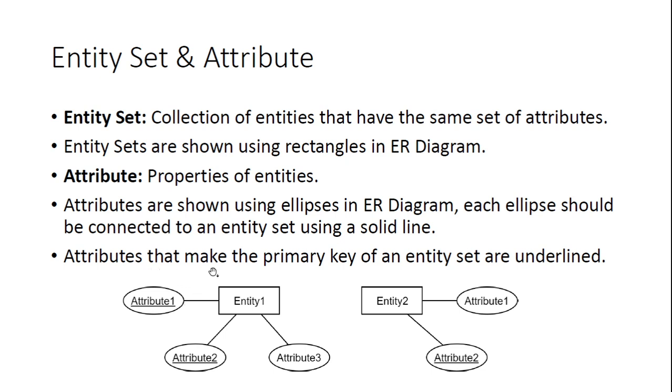And some attributes could be the primary key of an entity set. So for example, for entity 2, attribute 2 is the single primary key. And sometimes the primary key could be a composite one, so multiple attributes could contribute to a primary key. In that case, we underline all those different attributes.